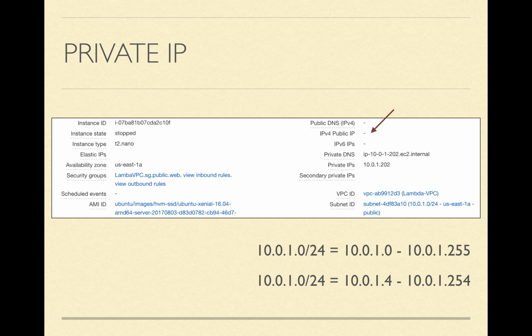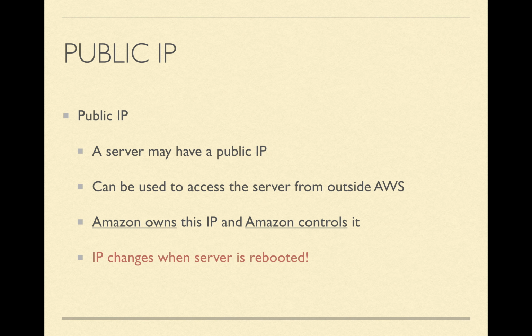And you can also see that this server does not have a public IP and it does not have an elastic IP. Now, a public IP is different from a private IP. A server may have a public IP, and this public IP can be used to access the server from outside of AWS.